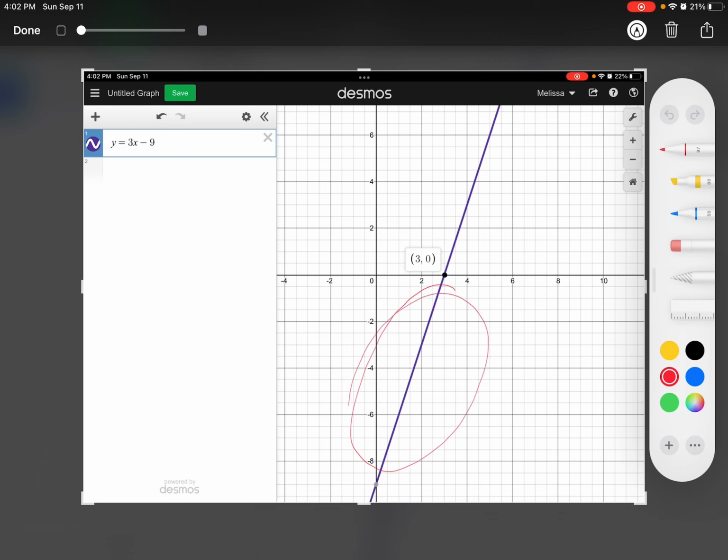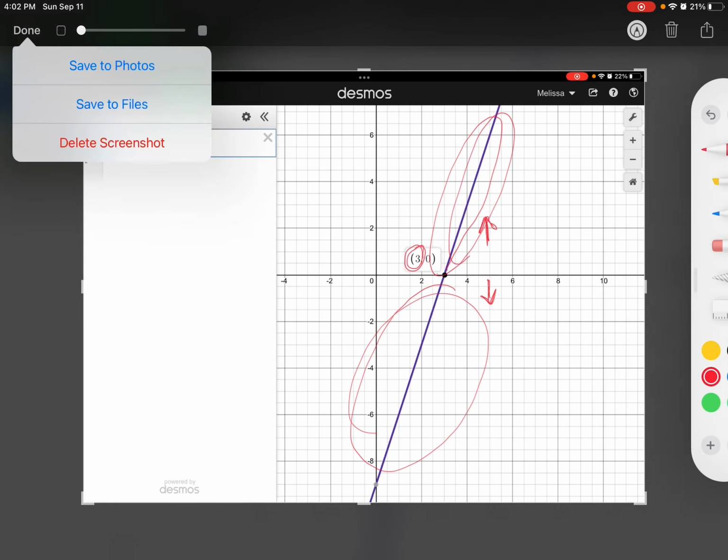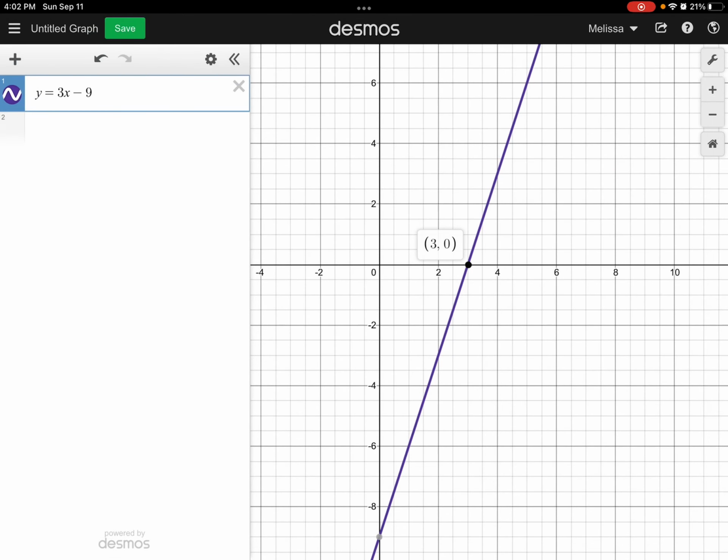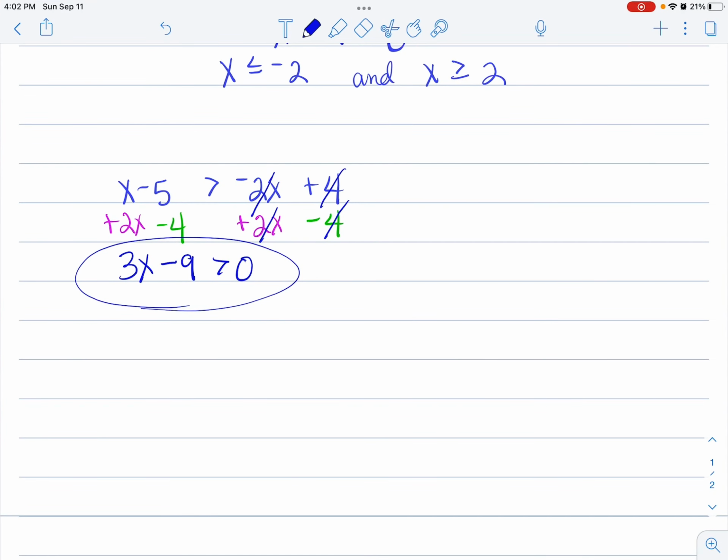Just like a minute ago, we can see down here, right, this is all less than 0 because it's below the axis. All of this up here is above the axis, and therefore it would be greater than 0. So everywhere 3 and up is going to be greater than 0. So I would go over here, and I could say my solution is x is greater than 3.